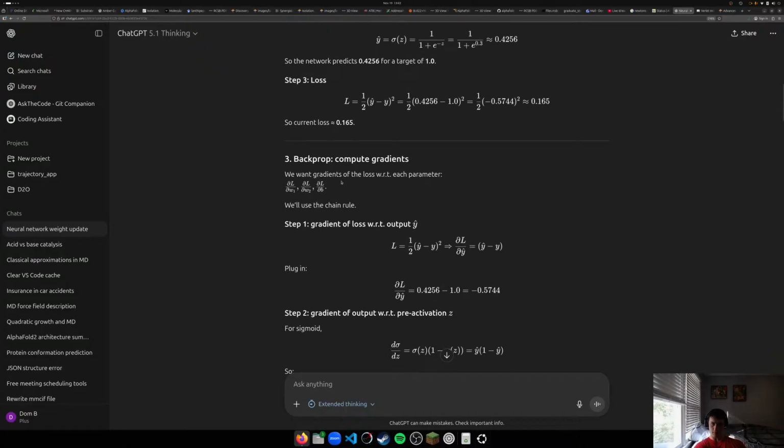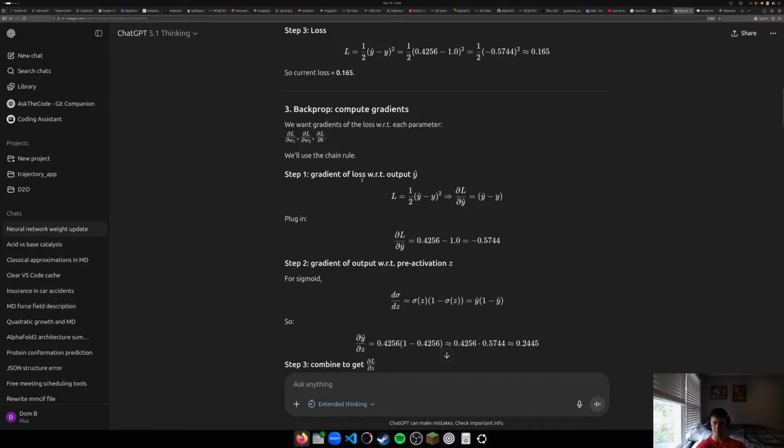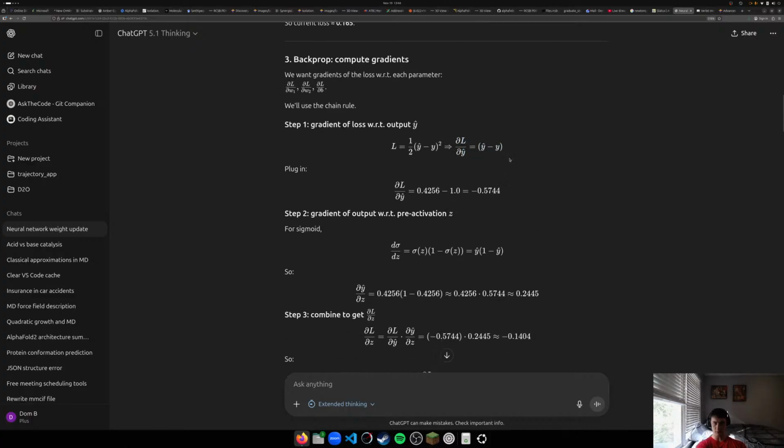So backprop, we want to compute the gradients of the loss with each parameter. So it'll be the weights and the biases. We'll use the chain rule. So if this is the loss, the derivative of that, so just take that out, and then it'd be 2 times this, which equals that, right? So then we plug that in.